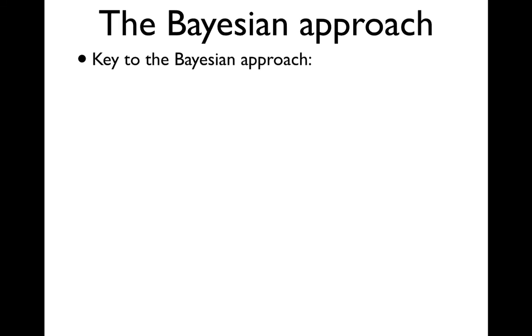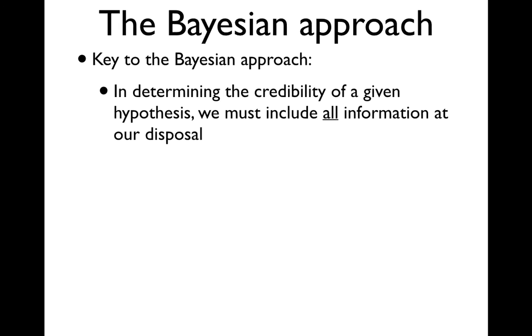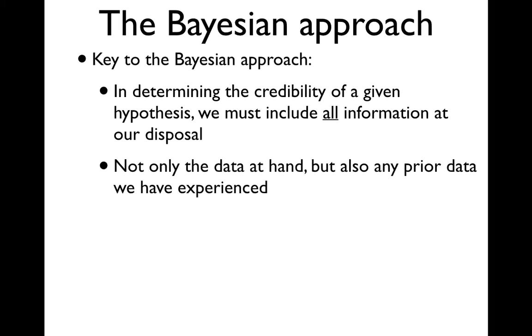And one key to the Bayesian approach is that in determining the credibility of a given hypothesis, you need to include all the information at your disposal. In the same way that we eventually realized that we needed the base rate of a disease in a population before we could speak to what we should believe given a positive result, we not only have to deal with the new data at hand, but any other prior data we might have gathered in our experience.